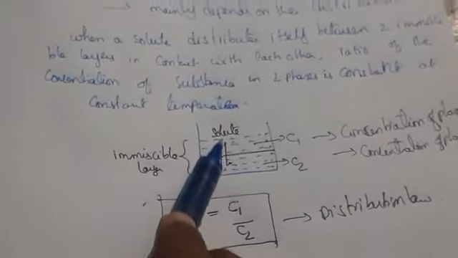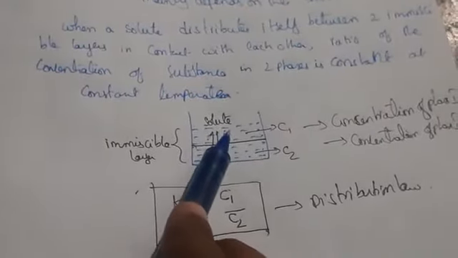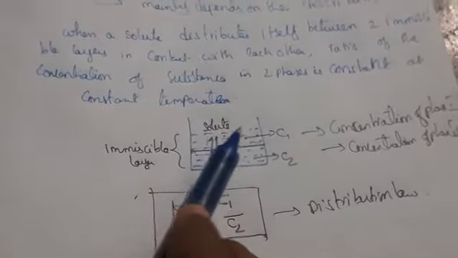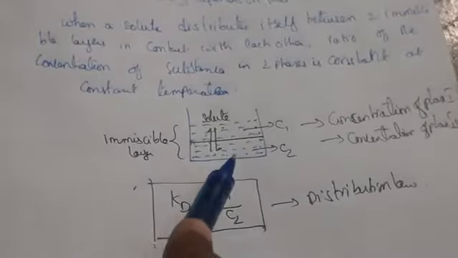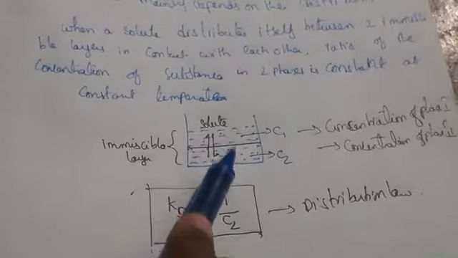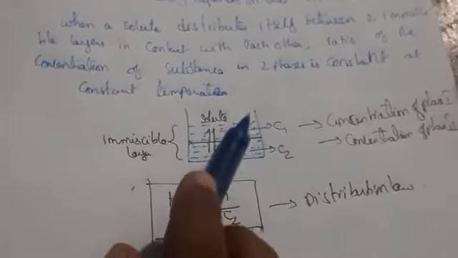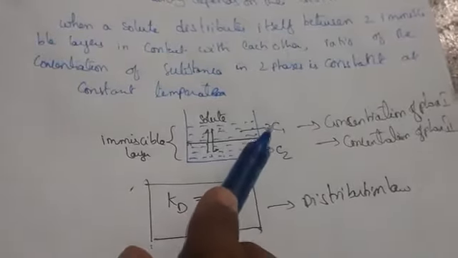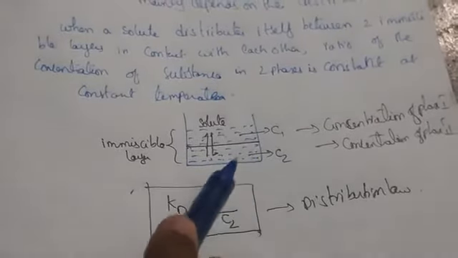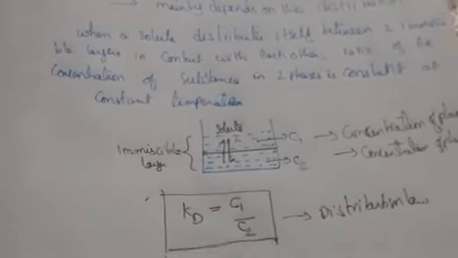When a solute distributes itself between two immiscible layers, which are in contact with each other, then the ratio of the concentration of the substance in the two phases is constant at constant temperature. That is known as the distribution law.